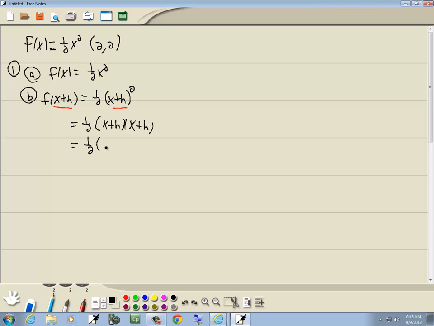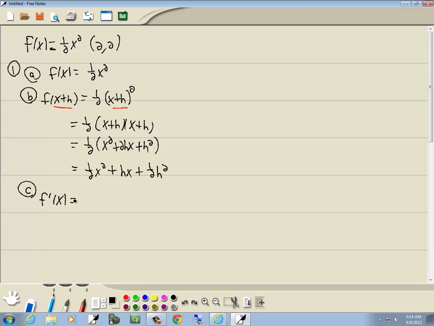Multiply those together. x times x is x squared. Well, we've already done this in the previous 2 examples, so I won't show all the steps. But it gives us x squared plus 2hx plus h squared. Multiply the 1/2 through, and we get 1/2 x squared plus 1/2 times 2 is 1, so that drops away and gives us hx plus 1/2 h squared.